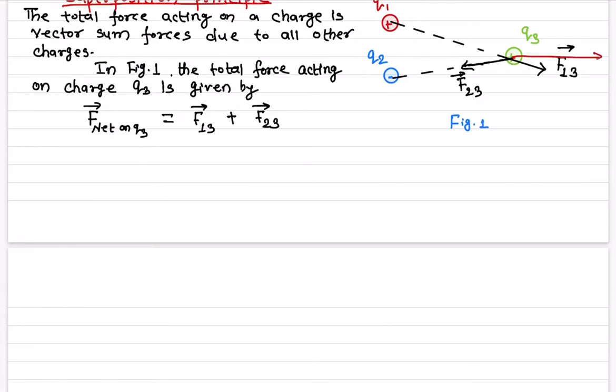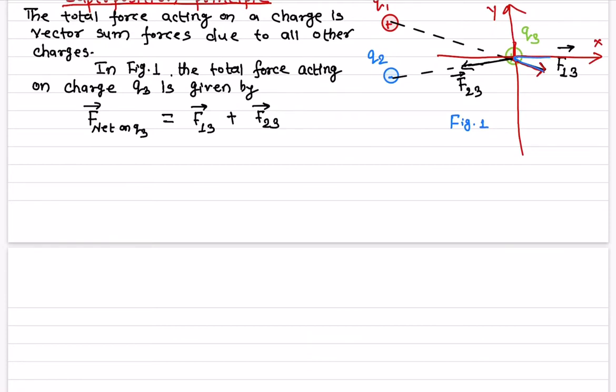Here I'm going to choose this as my x-axis and this as my y-axis. All right, x and y. Then you can resolve all the forces into two components. This is my x-axis and this is my y-axis. This force here, you have to resolve into two components.